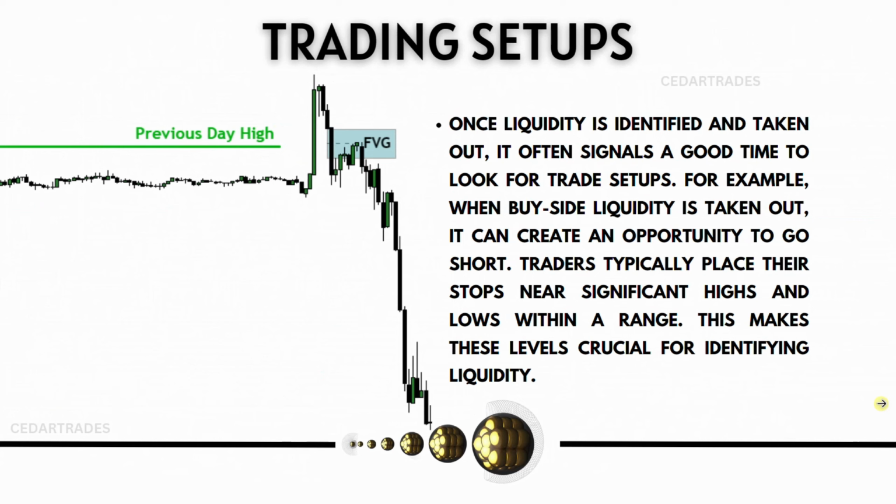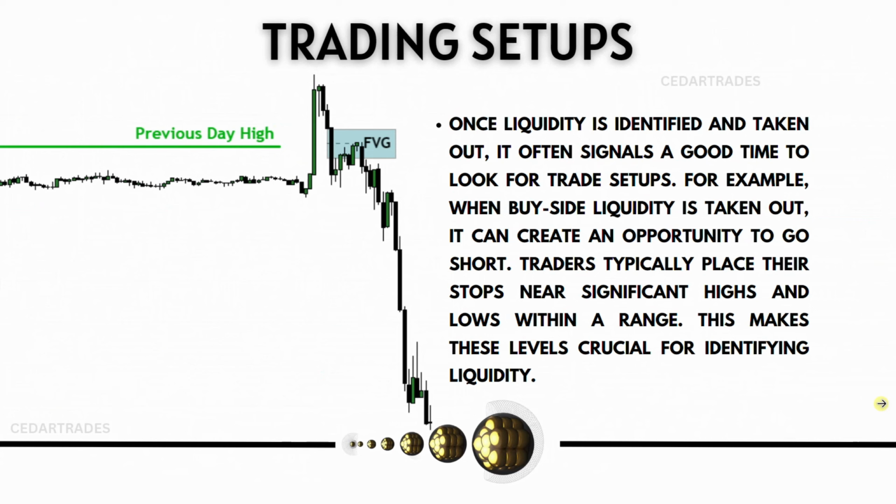You want to look for a signal, right? That signal will be a signal for you to actually start looking for your trade setup or trade entry. For example, here, when the buy side liquidity is taken out, it can create an opportunity to go short.